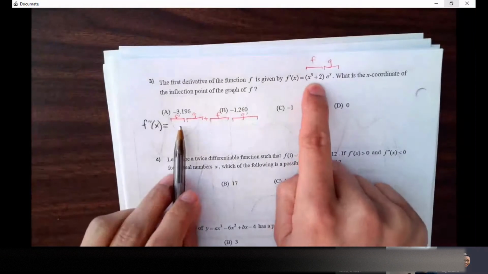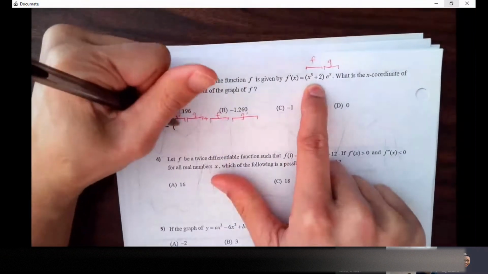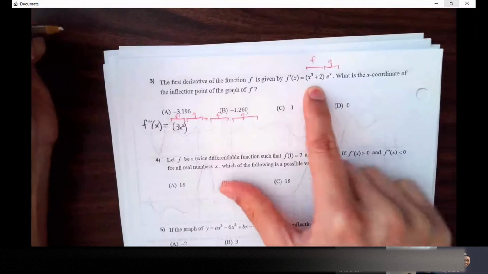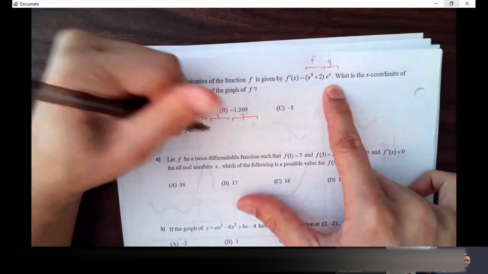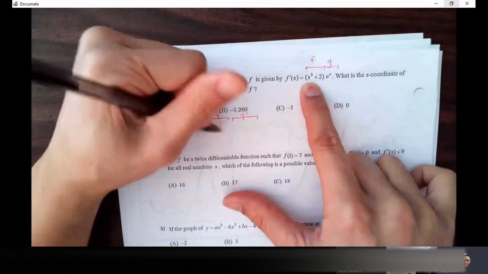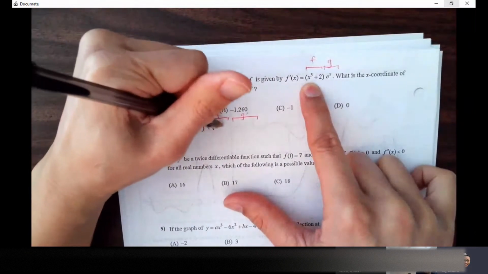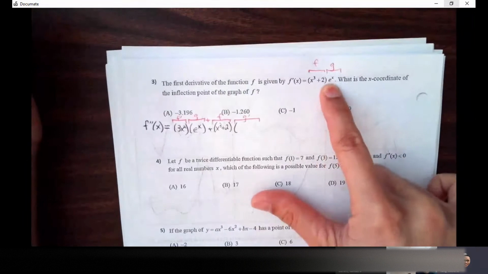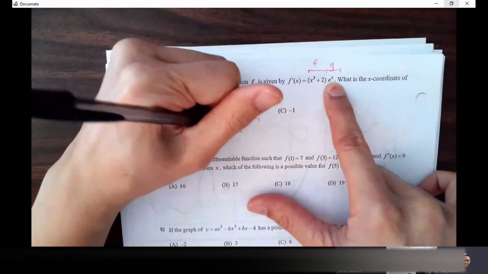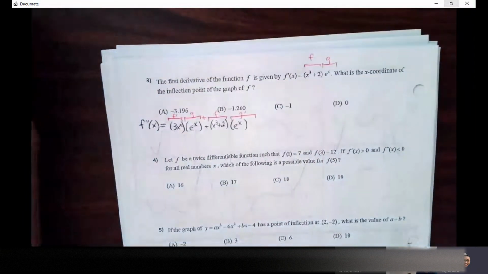F prime, x cubed plus 2 just becomes 3x squared. E to the x, we keep that original G function. We keep the original F function. And in G prime, the derivative for e to the x is just e to the x times 1. So just e to the x.